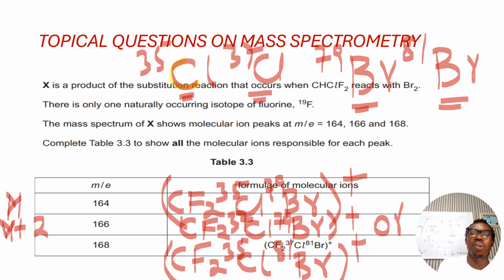Because they exist as molecular ions, that is the molecular ion plus 2, which is 166. So any of these can work for the molecular ion plus 2, which is 166.